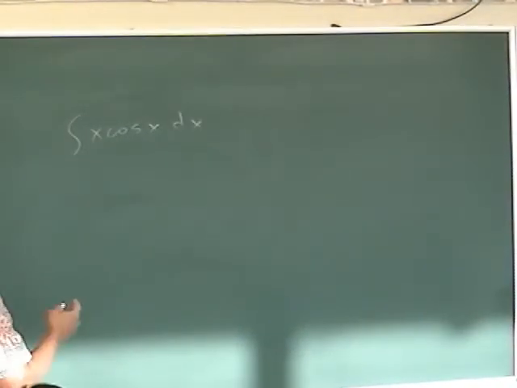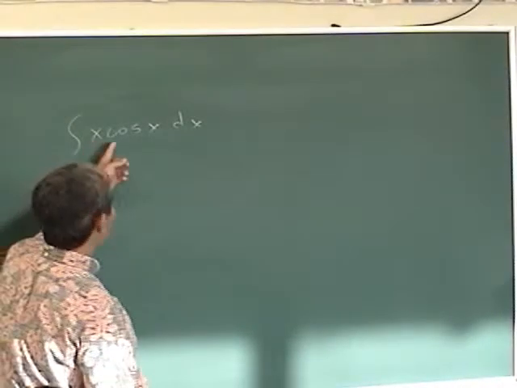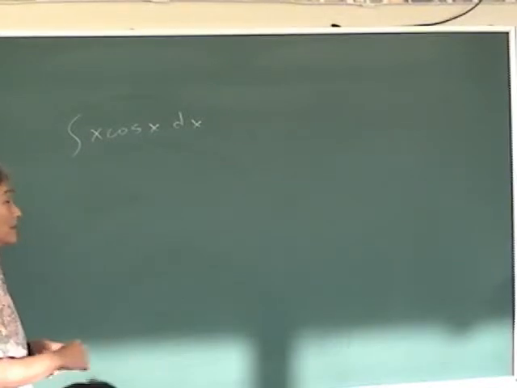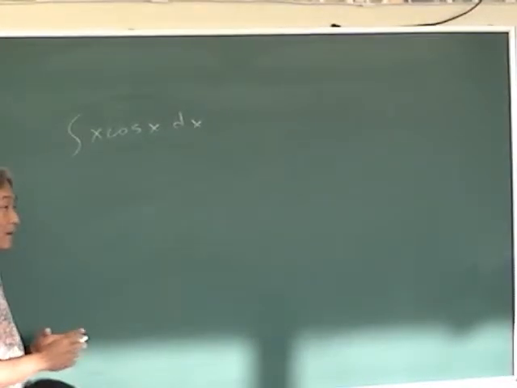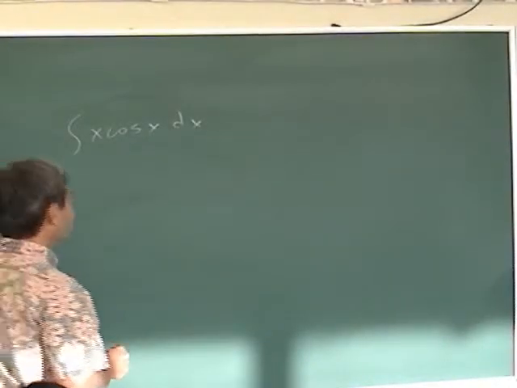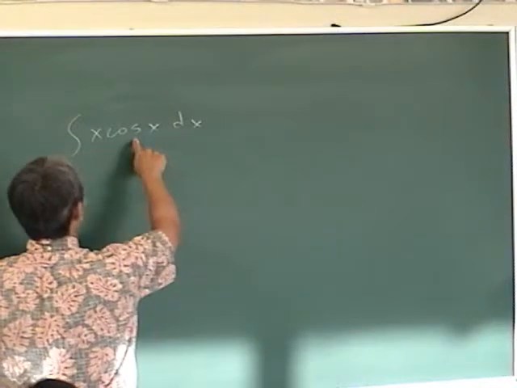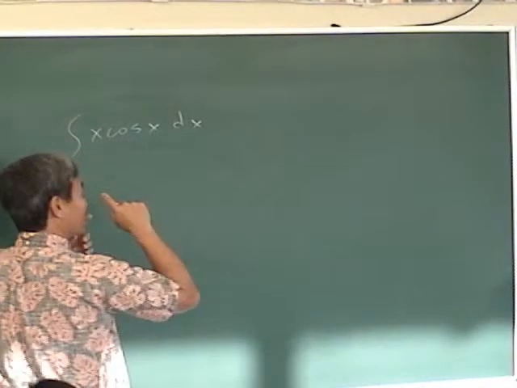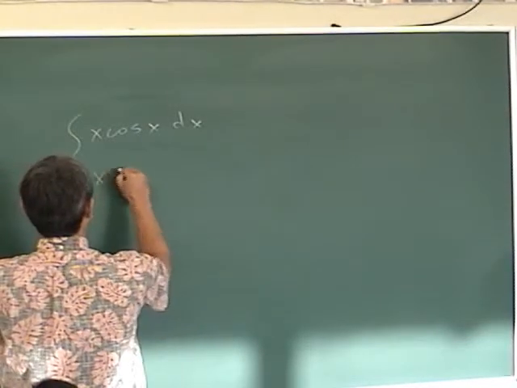Okay, here we go. So how do you find the antiderivative of this? You gotta think. Because look, you're multiplying things, so maybe this has something to do with the product rule. You guys remember how the product rule works? So now you kind of guess, okay, wait. To get cosine x, that's the derivative of sine x. So you start with x sine x.